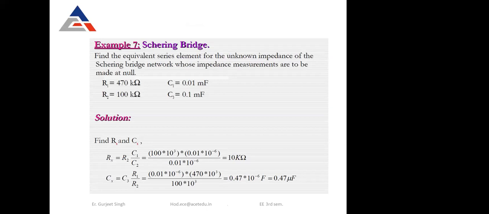We have known these values R1, R2, C1 and C3, which are given in the numerical part. By putting these values in Rx or Cx, we will find out the value of the unknown resistance and the unknown capacitance.